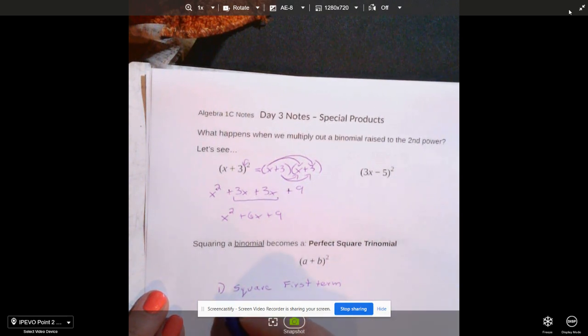And then for your middle term, you're going to multiply the first and the second term together, and then multiply by 2. And then your last one would be to square the second term.